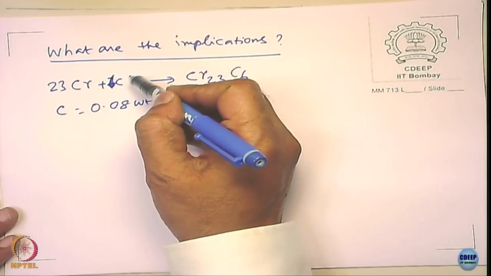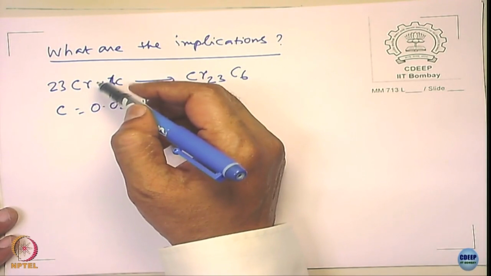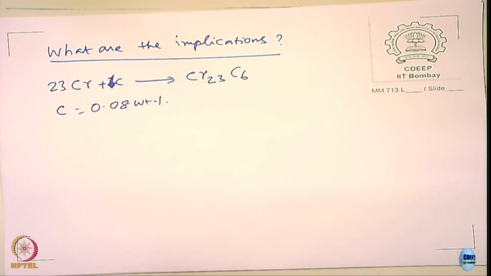So, no, it will not go, because it is not that we do not have enough chromium to combine with carbon. Even if all the carbon present in the stainless steel combines with chromium, the remaining chromium in the overall composition is still higher to call it a stainless steel.